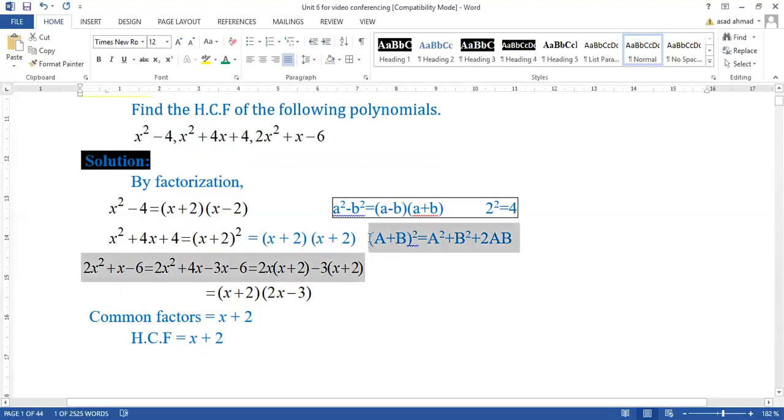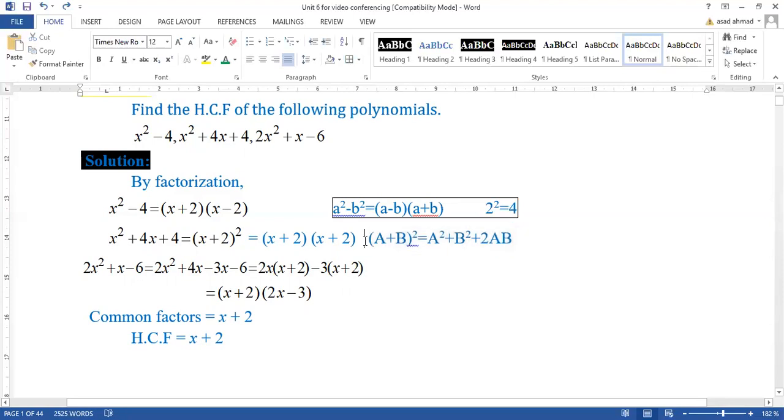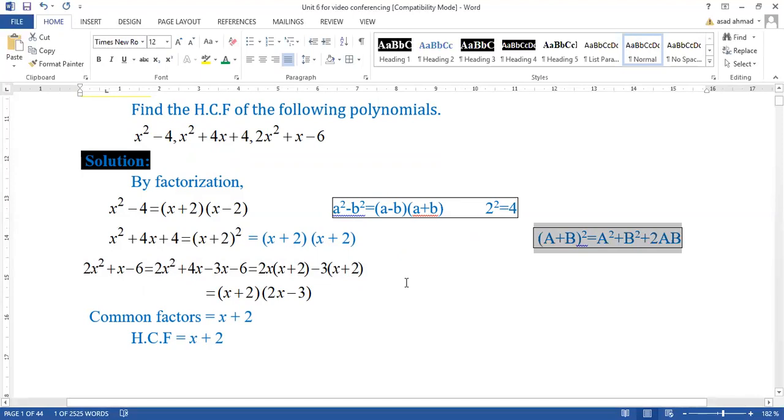You can see that this whole part is equal to this number. It is the factorization of this sort of number for this part only, because the first term x square is written as x whole square, 4 is written as 2 whole square, and 4x is broken up like this.